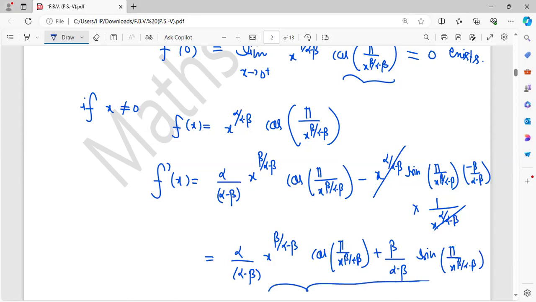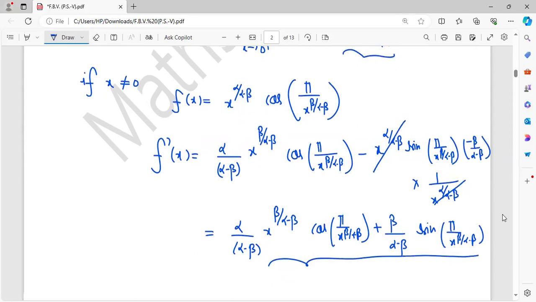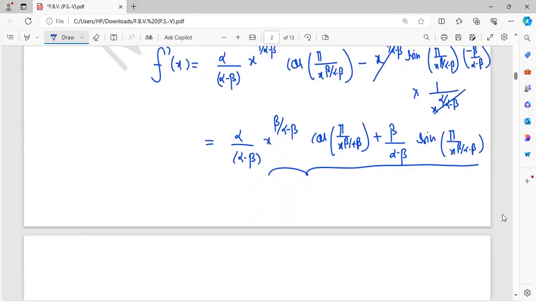This also exists. So it means f dash exists on 0, 1. So this implies f is differentiable.